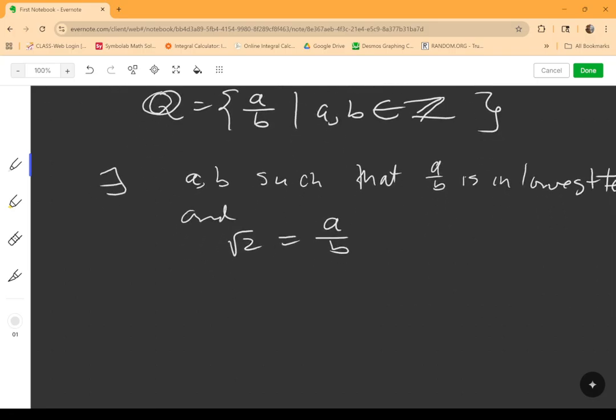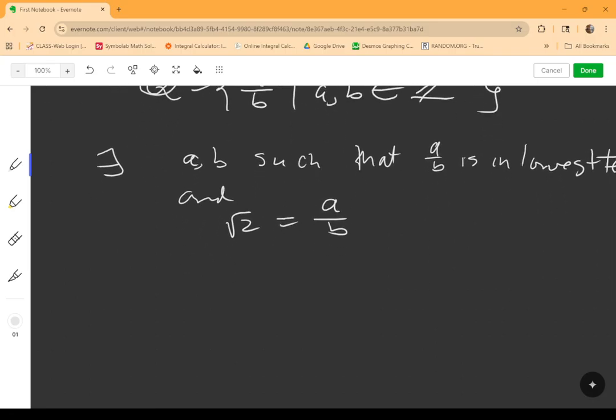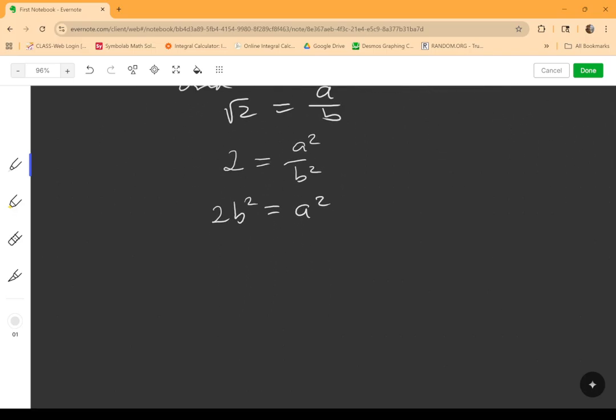This is where I begin. Let's say taking the square of both sides, just doing some algebra, and multiplying b squared by both sides, we get 2b squared equals a squared. So here we have that a squared is even.